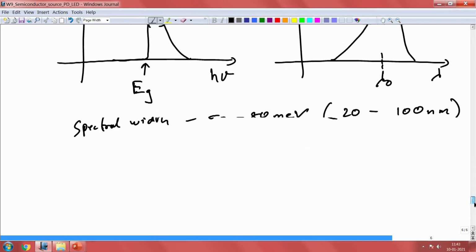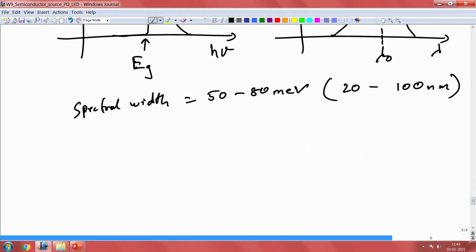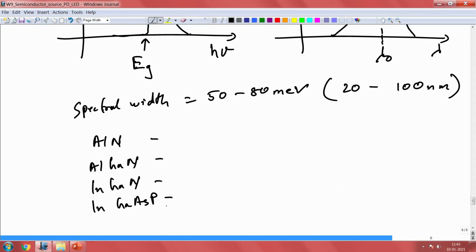So, you can have various material systems for different emission. For example, aluminum gallium nitride, indium gallium nitride, or indium gallium arsenide phosphide. So, these are all different material systems that will cover different wavelength regions of your interest.